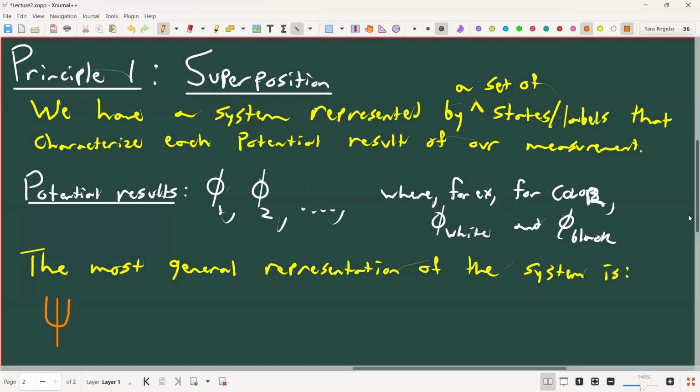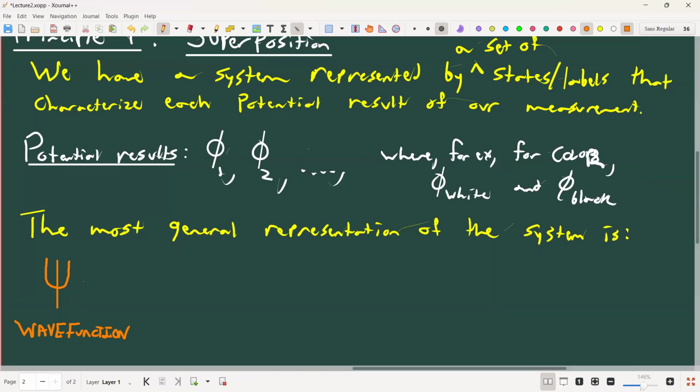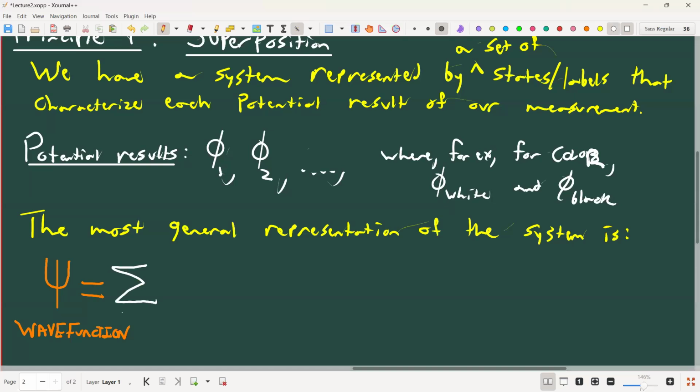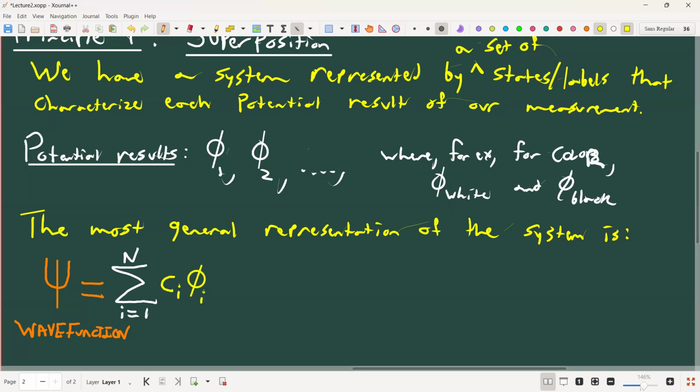Right? We have a term for this. We haven't defined this yet. This is what's called a wave function. And the wave function is going to be a sum over some number of possible results, however many there are, i equals 1 to n, of a number, c sub i, times phi i, right?